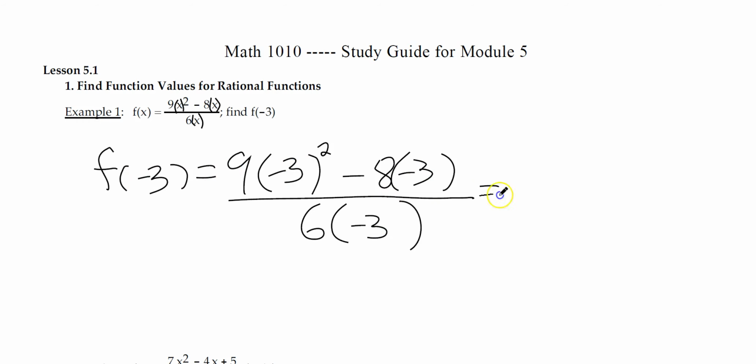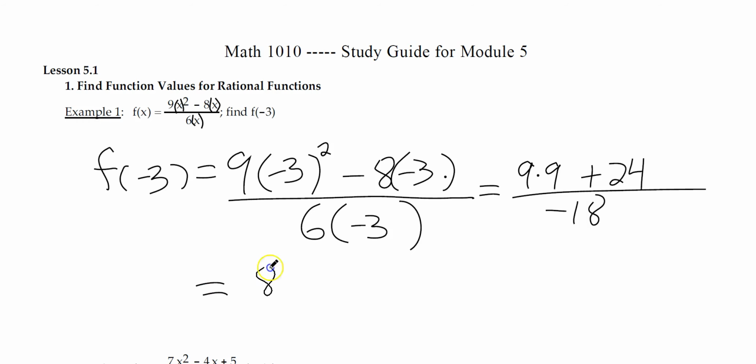And now we simplify. The numerator, we have 9 times 9 minus 8 times -3, that would be plus 24, and the denominator is -18. So that is 9 times 9, 81 plus 24 over -18.